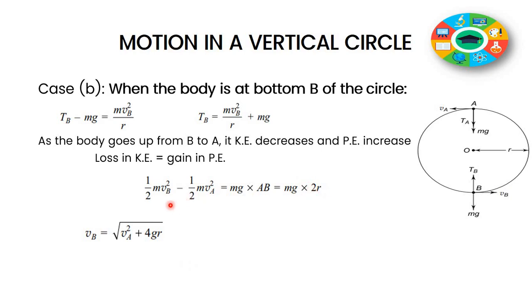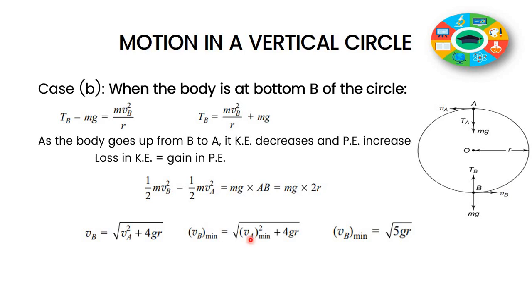On this side we get 4gr. Now vB square is equal to vA square plus 4gr. Now vB is equal to root of vA square plus 4gr. For minimum, vB minimum is equal to vA minimum whole square plus 4gr. vA minimum is already given previously as root gr.